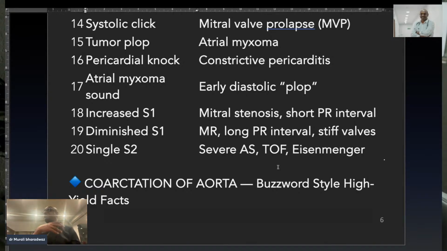Whenever there is severe aortic stenosis, the aortic sound will be so loud that you can't hear the pulmonic sound. So severe AS, severe PS in TOF, or Eisenmenger are the causes of a single S2 that we need to remember.